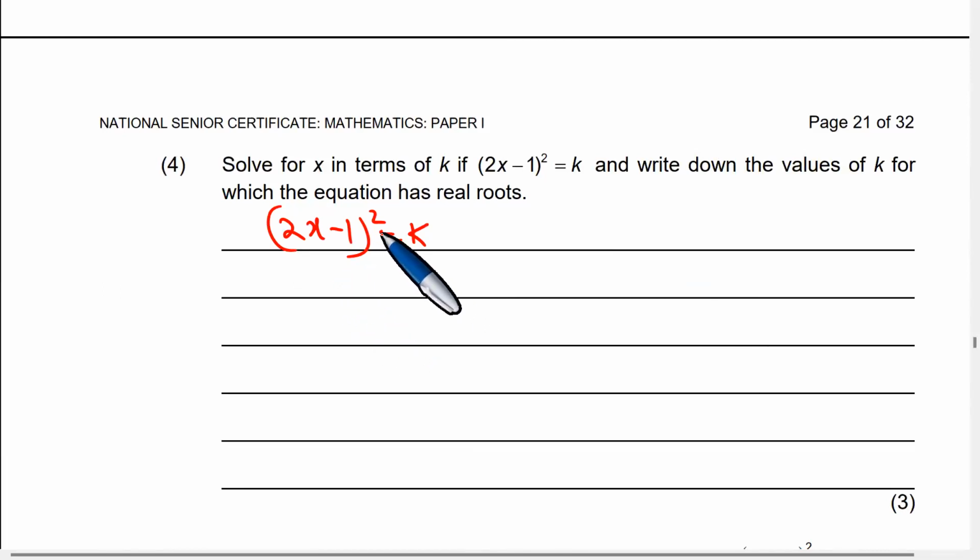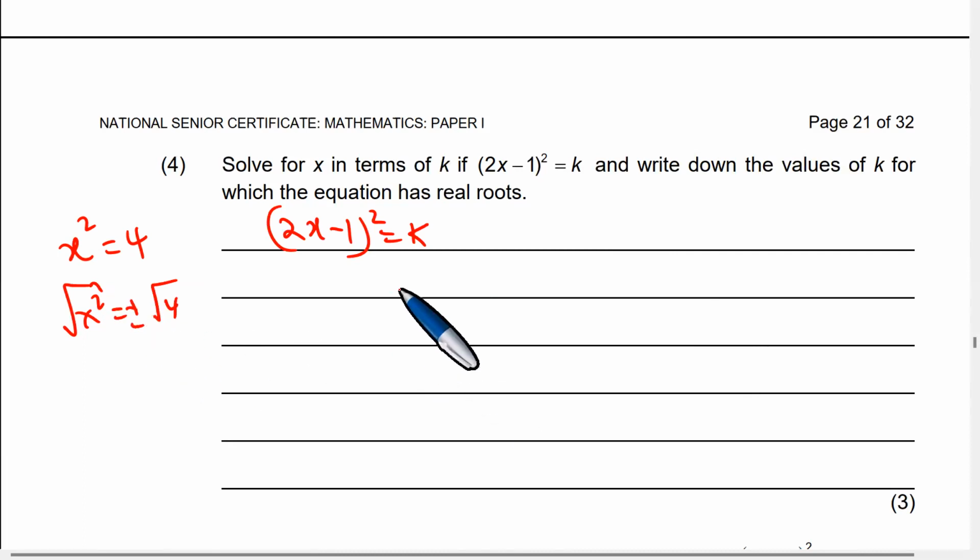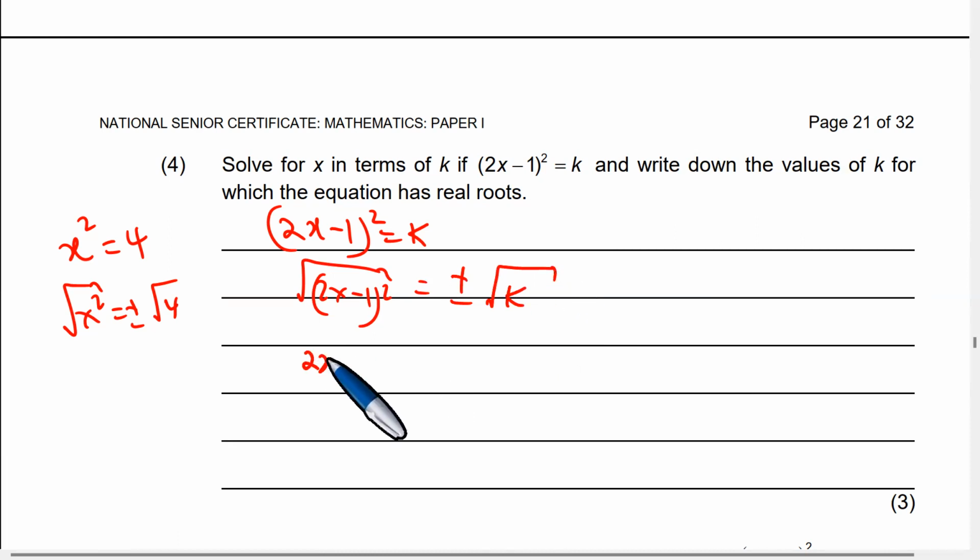To solve this one, there are many ways to do it, but the easiest way, like if they give you x squared equals 4, what is the easiest way to solve this one? Is to take the square root both sides and then put plus or minus. We're going to do the same here. Because it's a square here, we take the square root both sides, which means 2x minus 1 equals plus or minus the square root of k.